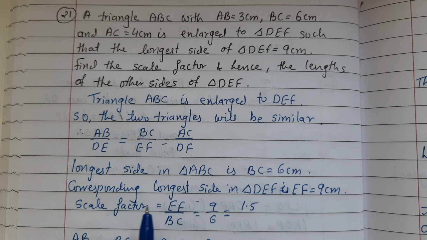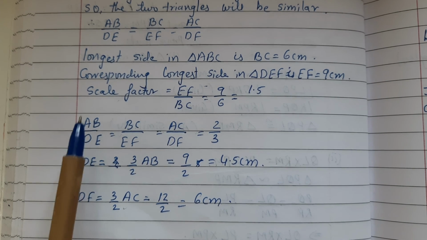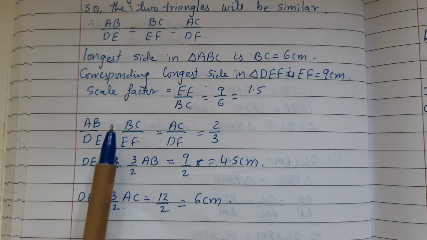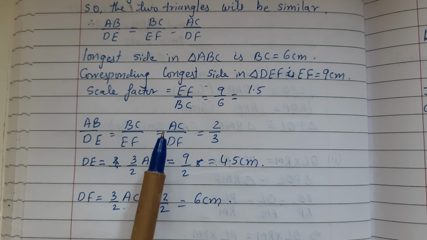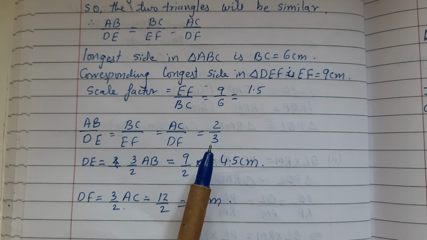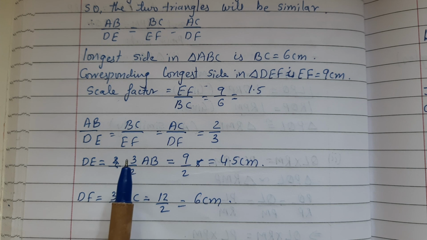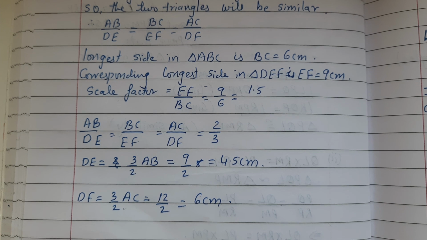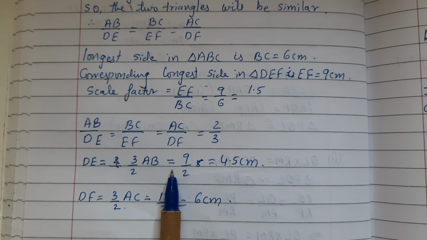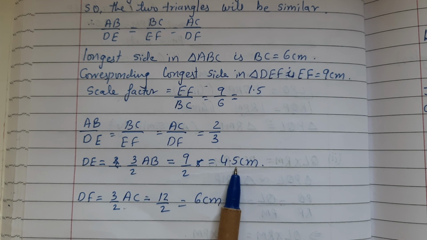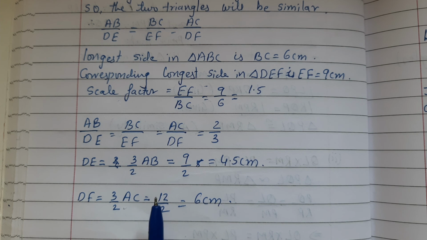Therefore, scale factor is equal to EF upon BC is equal to 9 upon 6 equal to 1.5. Therefore, AB upon DE equal to BC upon EF equal to AC upon DF equal to 2 upon 3. DE is equal to 3 upon 2 AB, which is equal to 9 upon 2 equal to 4.5 cm. DF equal to 3 upon 2 AC equal to 12 upon 2 equal to 6 cm.